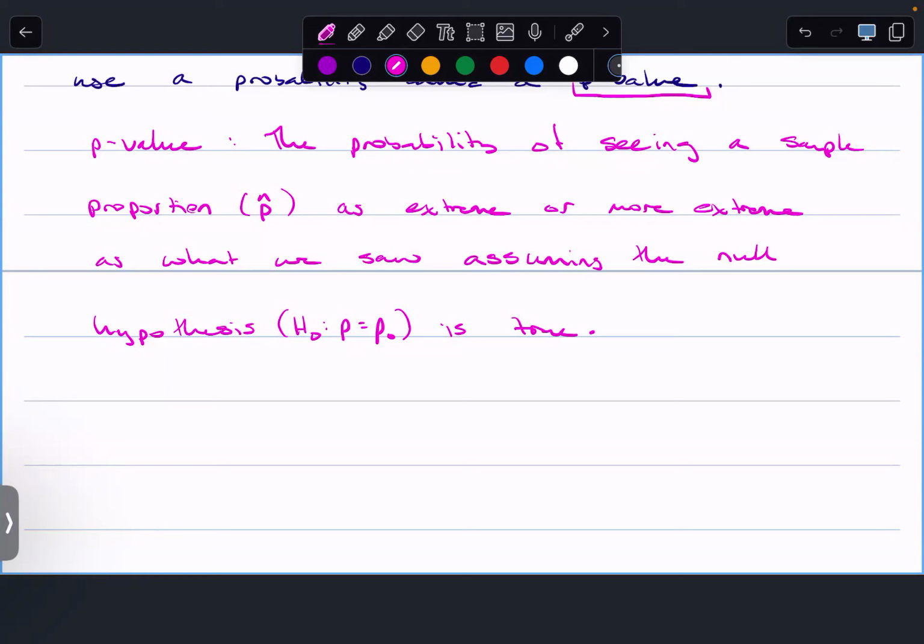So if the population proportion is in fact centered on, or is in fact this number that we've drawn up from the question, then the probability of seeing our p hat should be quite high, right? It should be hovering around the center.